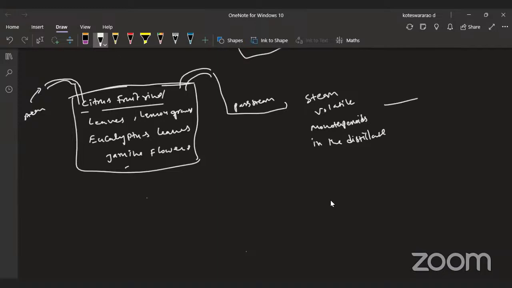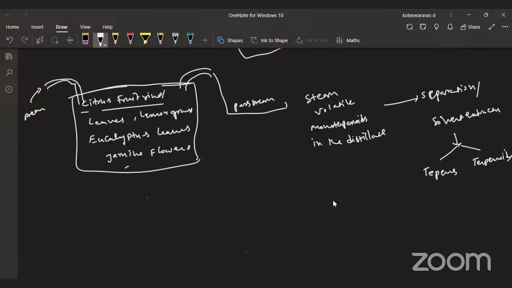Then just by using a simple separation method, or solvent extraction, we can separate the terpene. By this flowchart alone we cannot understand it; whenever we go to the practical, we can understand it very well. This is the simple distillation method.